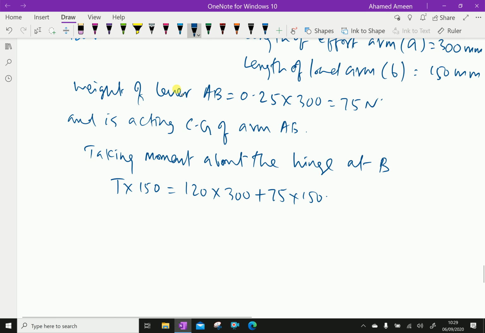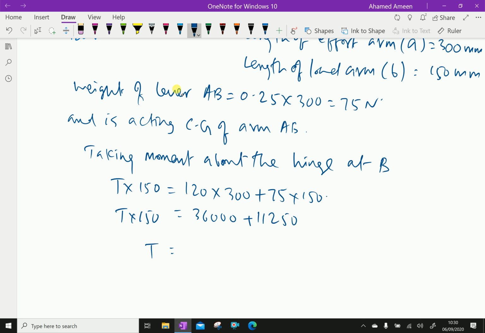Therefore, we have plus 75 into 150, equal to T into 150.